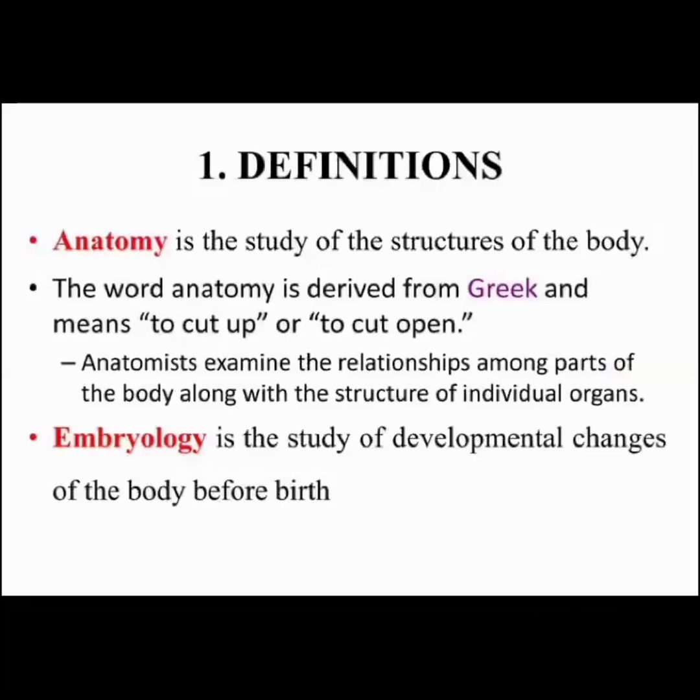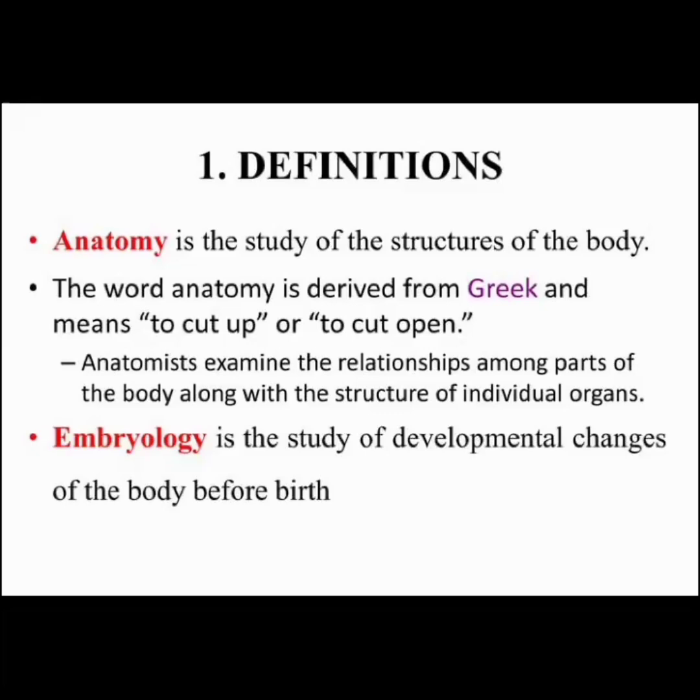Before understanding the basics of human anatomy, you must know what anatomy is. Anatomy is the study of the structures of the body. The word anatomy is derived from the Greek word and means to cut up or to cut open.